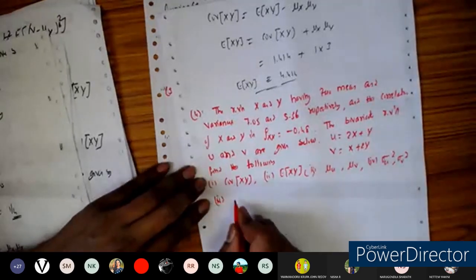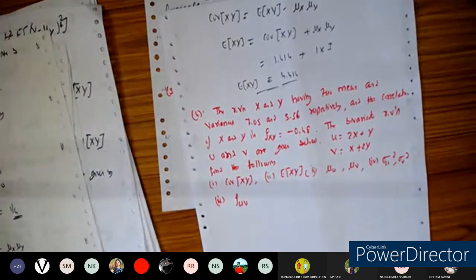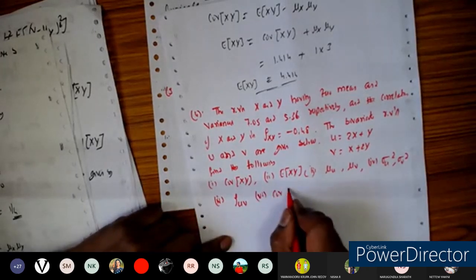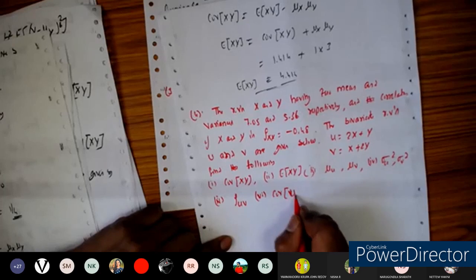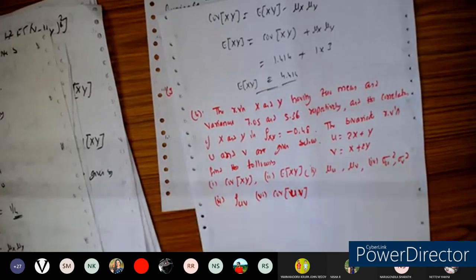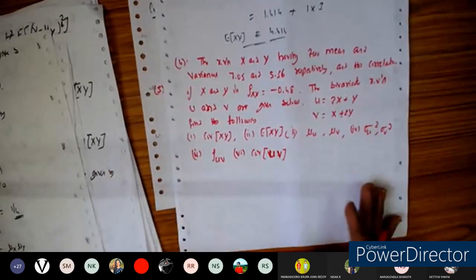And the fifth one is the correlation between the random variables U and V. And the sixth one is the covariance between the random variables U and V.